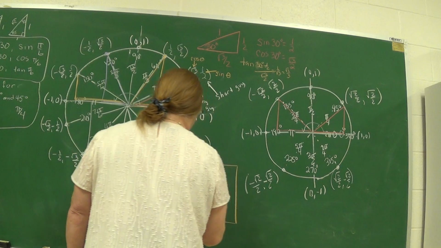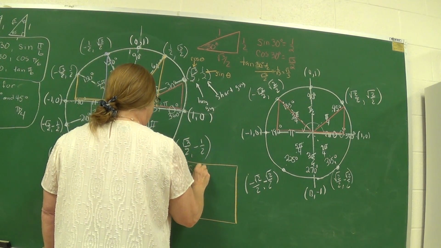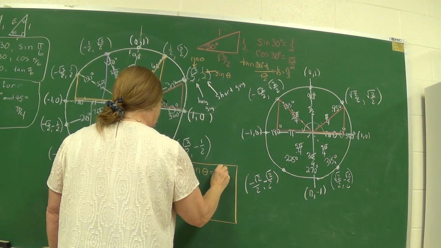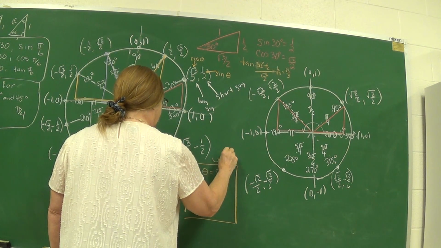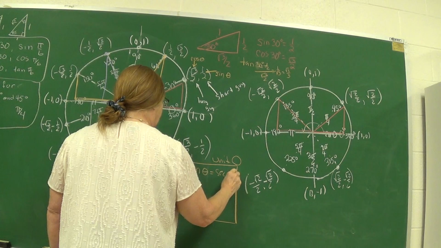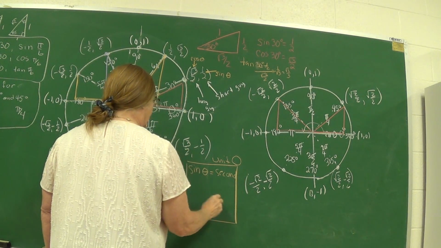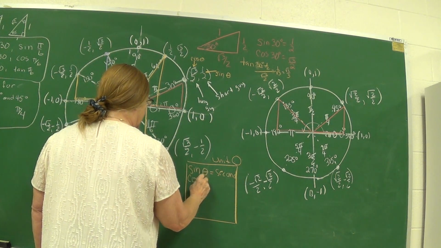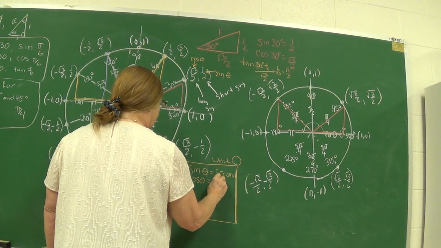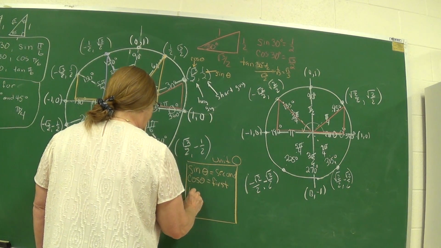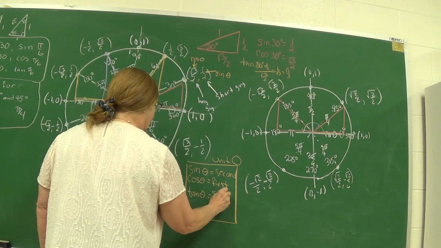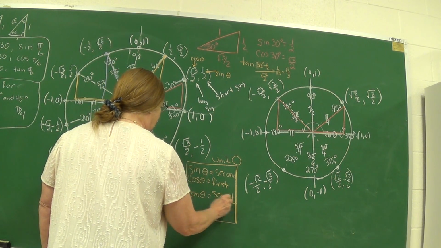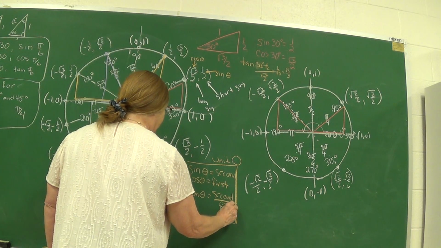Let's make a note of all of it. Here's the key. This is on the unit circle. Sine of theta is the second coordinate. Cosine of theta is the first coordinate. And the tangent of theta is the second coordinate divided by the first coordinate.